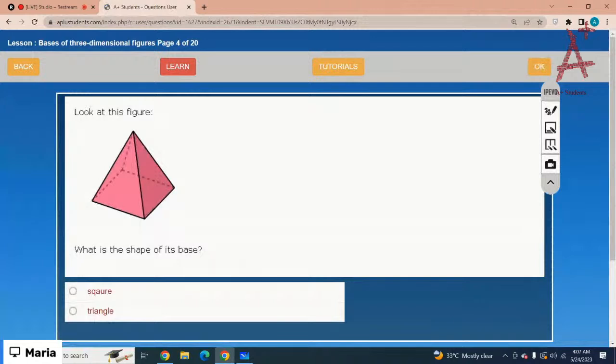Square or triangle? You can see the shape of its base is square, not triangle. This is not the triangular prism.